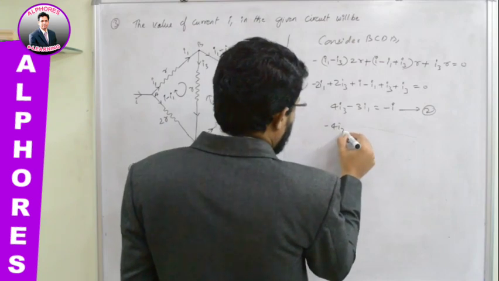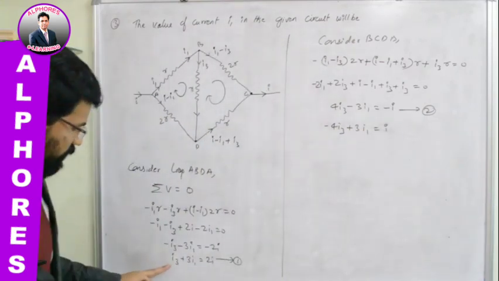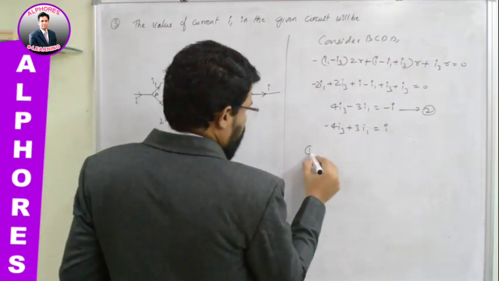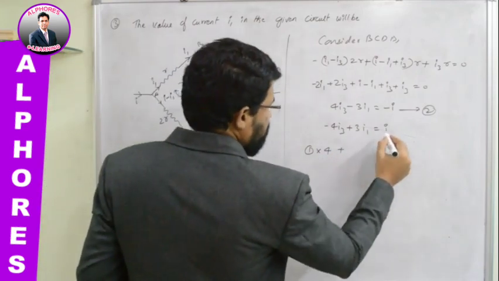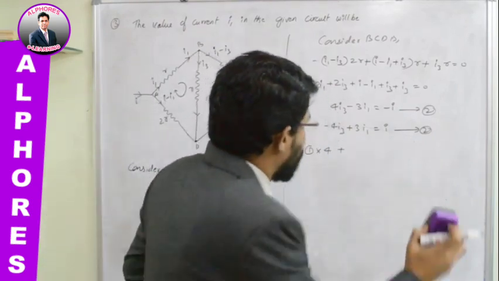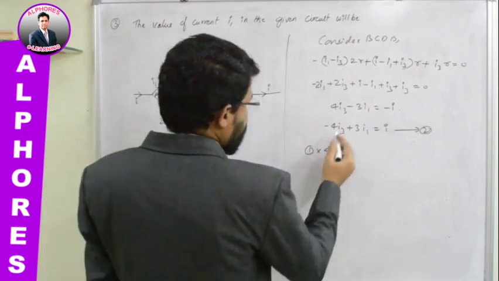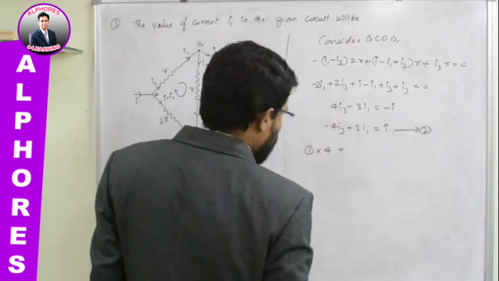Minus 4I3 plus 3I1 is equal to I. And here you are having I3, and here minus 4I3 is there. Let me take this as equation number 2. Okay, a small modification is made here. The minus sign is multiplied on both sides. This is the equation we are getting.